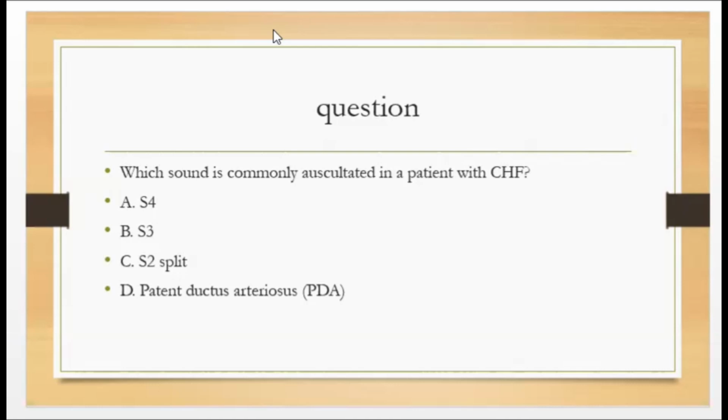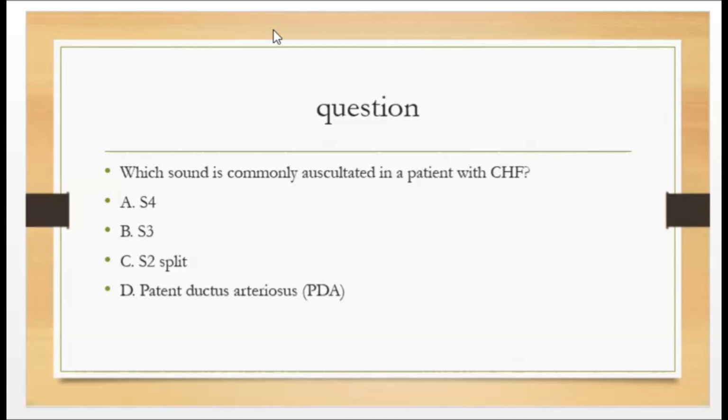Then you have your S2 split. S2 split is where we have our pulmonic, and the only time you are going to refer is when there is a pathologic S2 and it's a fixed S2.